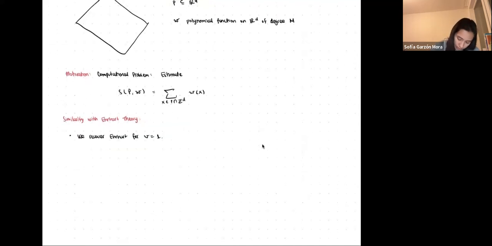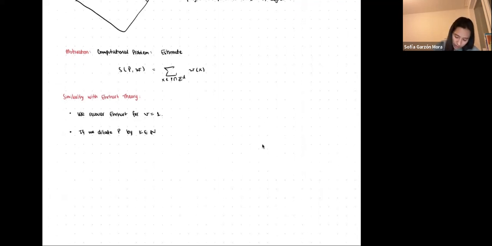Right? And so also if we dilate the polytope P by some k, where k is again my dilation factor, we get that this S_{P,w}, which depends on k, is just a sum from m equals 0 to d plus m of some a_m times k to the m.